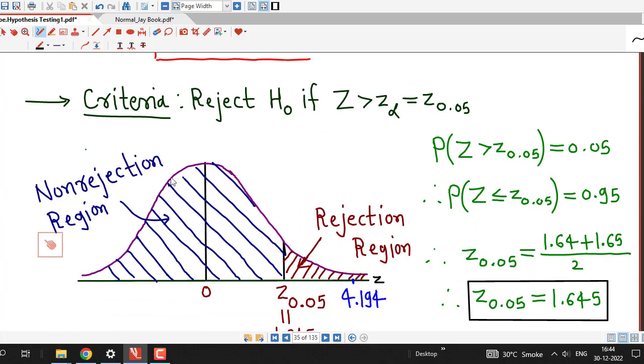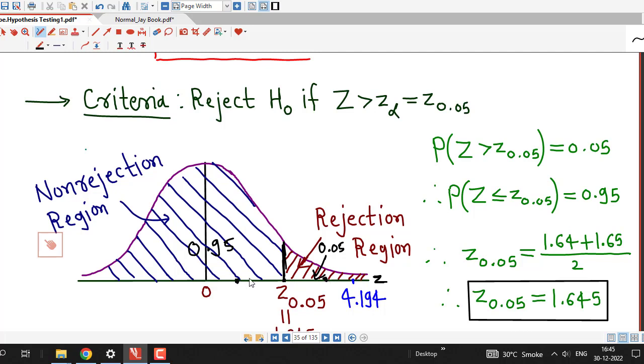So it will look like this bell shaped curve. Here I have taken values of z on the real axis, and if we consider this value as z suffix 0.05, then this area is 0.05 and the area to the left of this has value 0.95, and if our test statistic exceeds this value, we reject the null hypothesis.